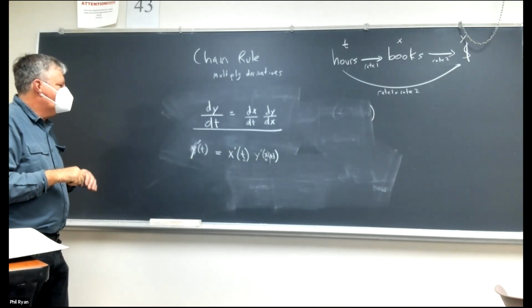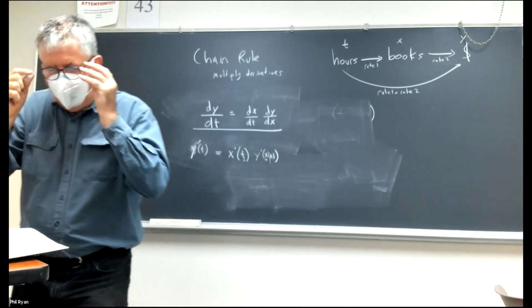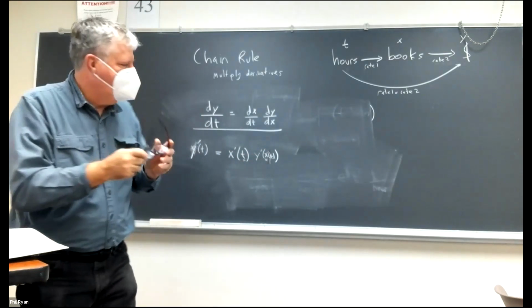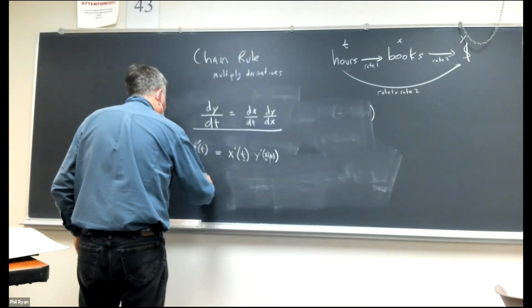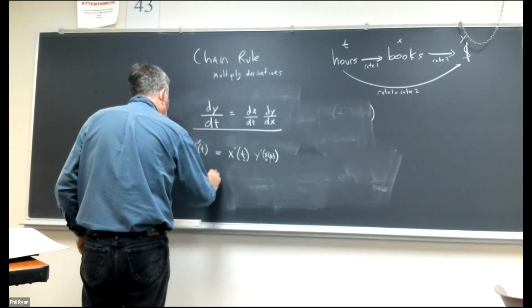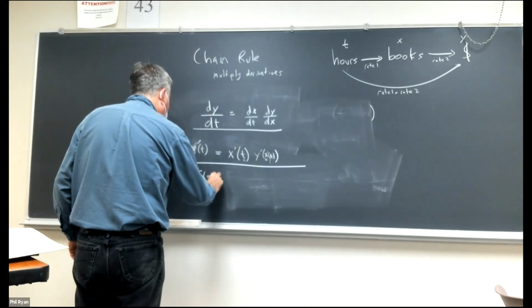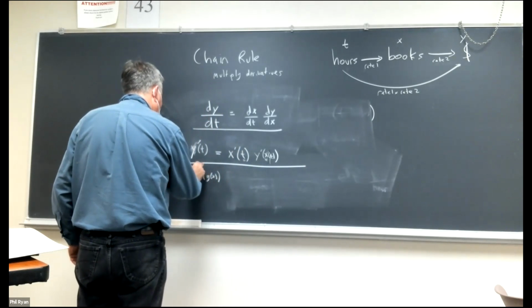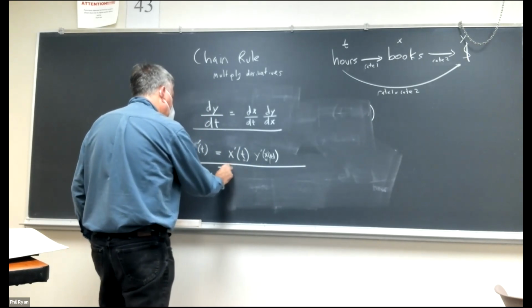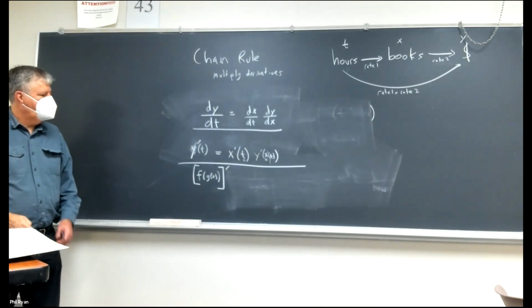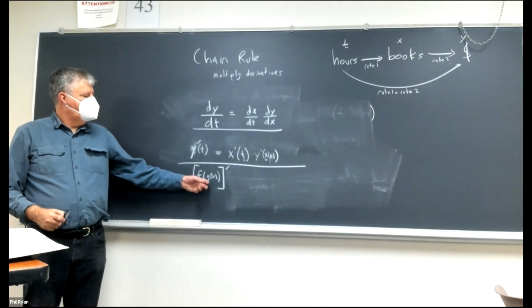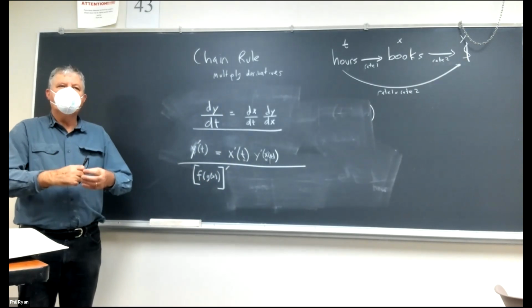But another way of writing that would be to say that, let's do a completely new example, f of g of x. What is the derivative of that? Does anyone remember what they call this kind of thing where we put one function inside of another?